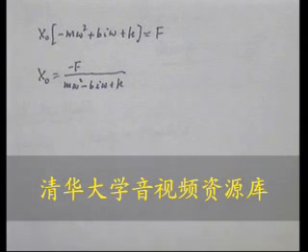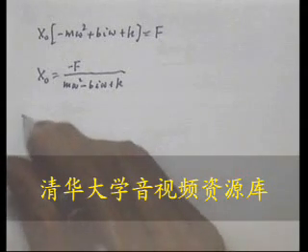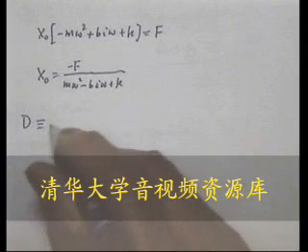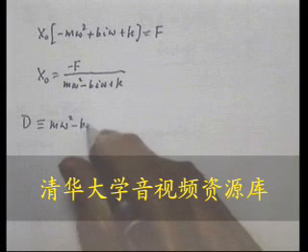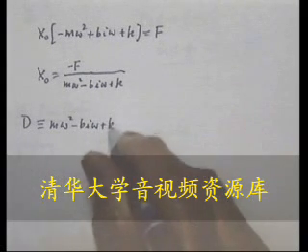X0 is the amplitude of the oscillation, and the denominator is a complex number. To understand how this complex number looks, let's call it D, defined to be m omega squared minus b i omega plus k.